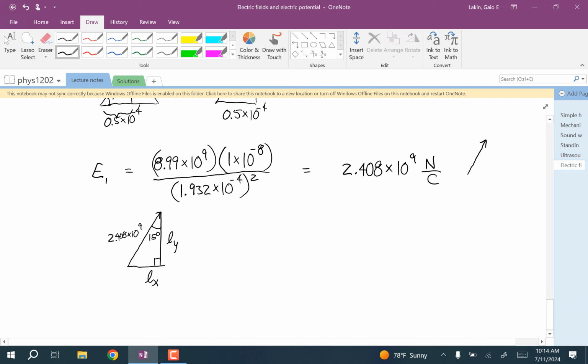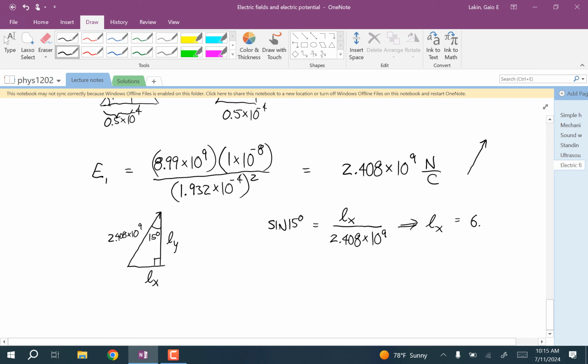And so use SOHCAHTOA again. We know that sine of 15 degrees is equal to Lx over 2.408 times 10 to the 9th. Solve for Lx. It's 2.408 times 10 to the 9th times the sine of 15.